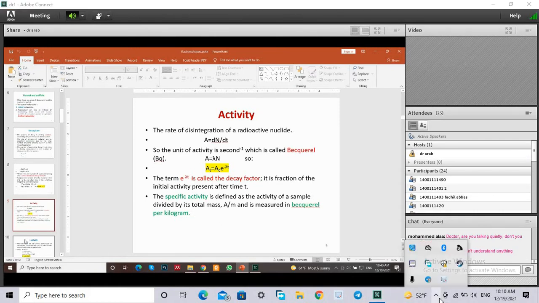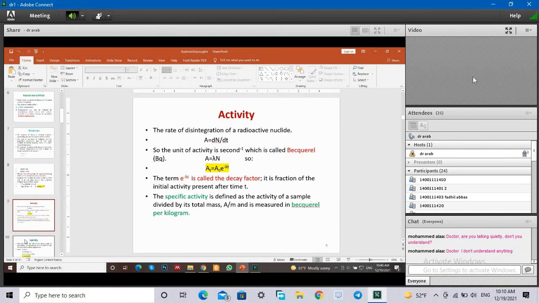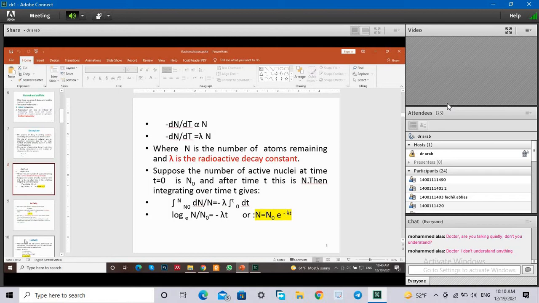And as you remember from the previous slide, it equals the number of radioactive nuclei multiplied by lambda, where lambda is the radioactive decay constant.